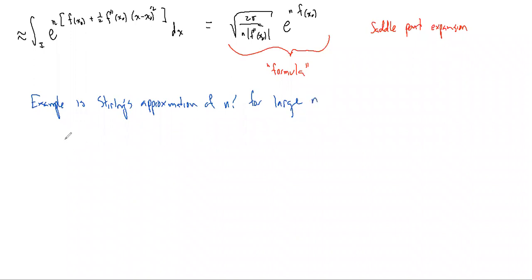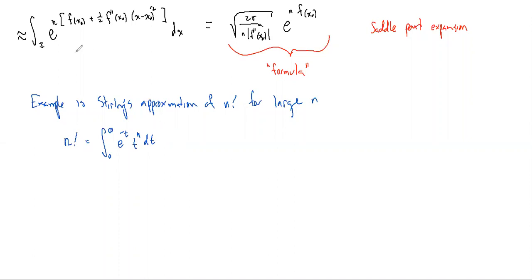And we have n factorial is equal to the integral over the positive real line, t to the n, e to the minus t dt.